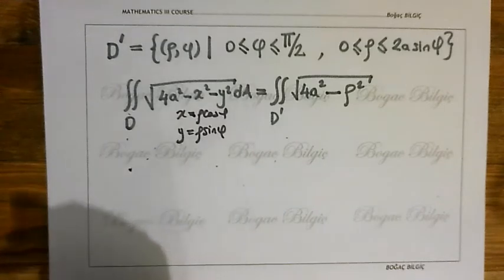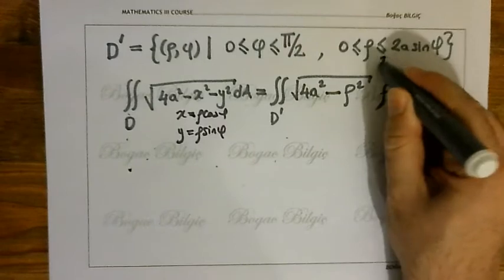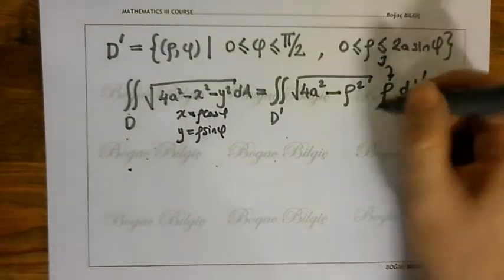The Jacobian of polar coordinates is ρ. This is the Jacobian, and new dA.